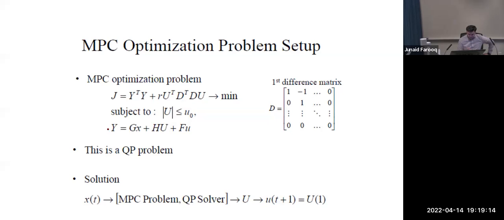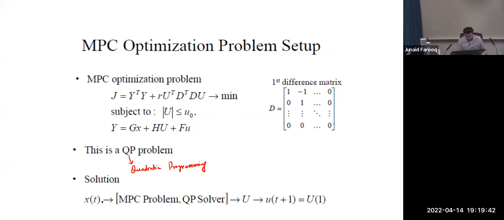And again, the prediction model is compacted into this formulation. So this formulation can be directly a quadratic programming problem, right? And there are a lot of efficient solvers to do this optimization.